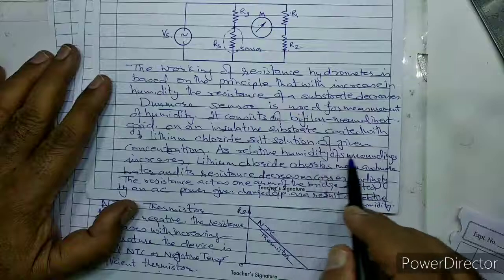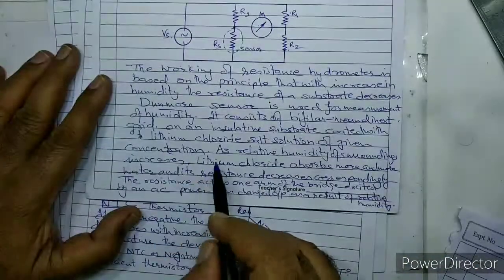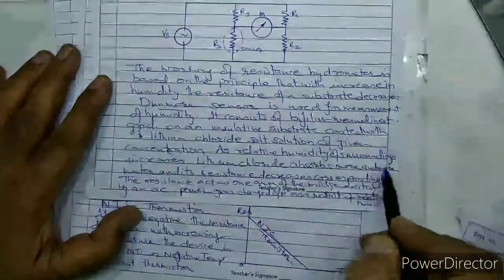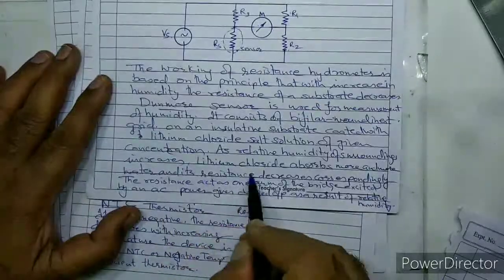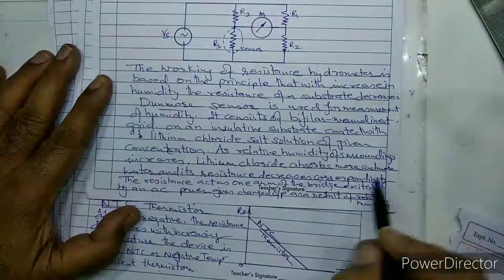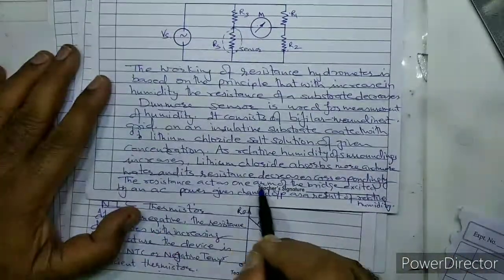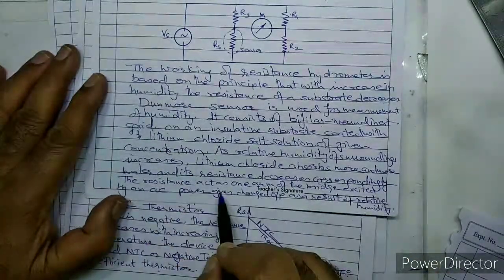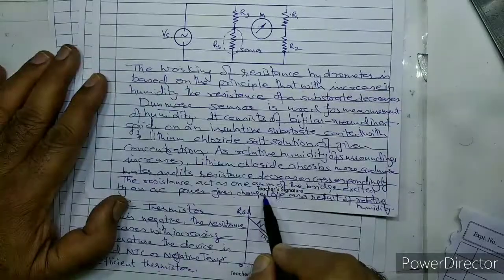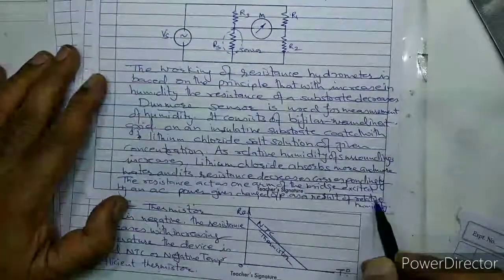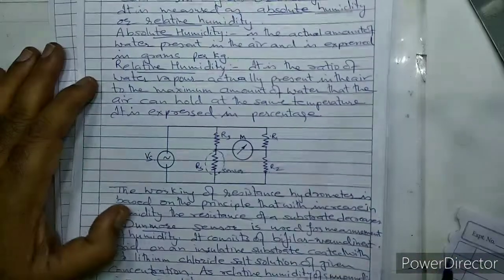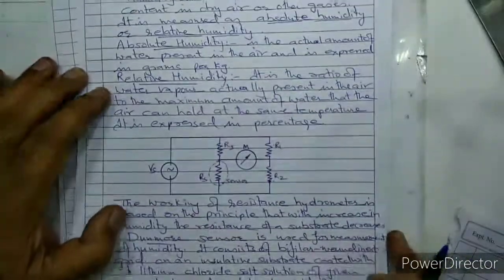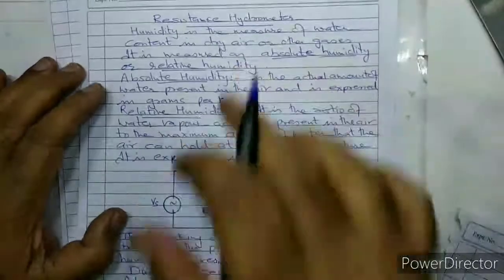As the relative humidity of the surroundings increases, lithium chloride absorbs more and more water and its resistance decreases correspondingly. The resistance acts as one arm of the bridge excited by an AC power, which gives a changed output as a result of relative humidity. So this is the measurement of humidity by using a resistance hygrometer.